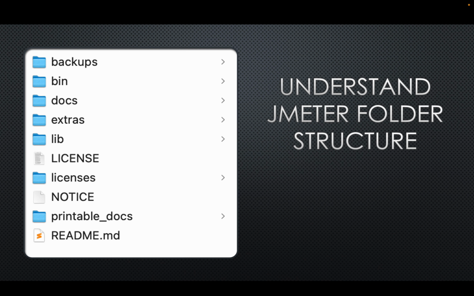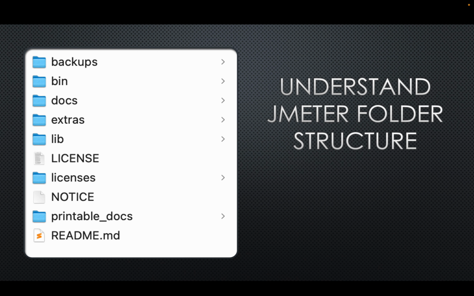If you are behind a proxy, you can download the jar directly from the internet and paste it here. Otherwise, the plugin manager will do everything for you and save the libraries and jars inside this lib folder. The license folder has JMeter's license, and all the license-related files and copyright information are found here.